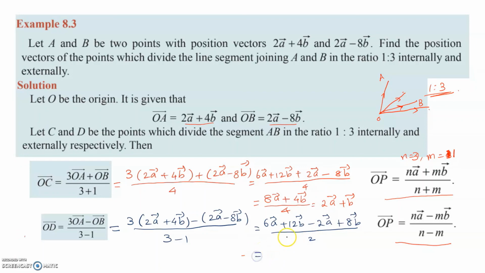This is equal to 4a vector plus 20b vector divided by 2. That gives you 2a vector plus 10b vector. So that's our two vectors, which are OC and OD, which internally and externally divide the line AB in the ratio 1:3.